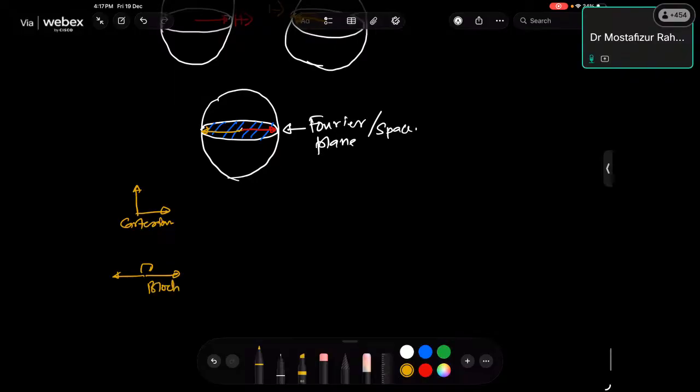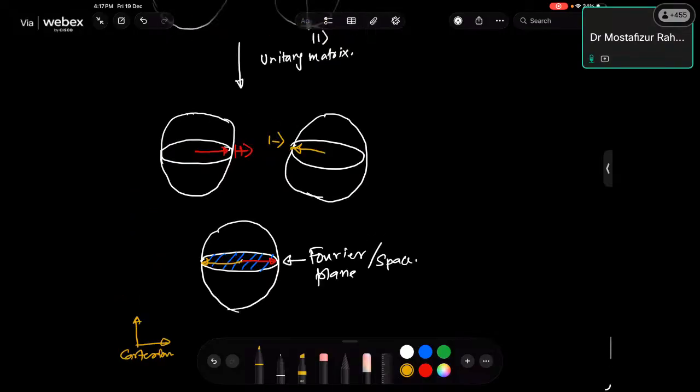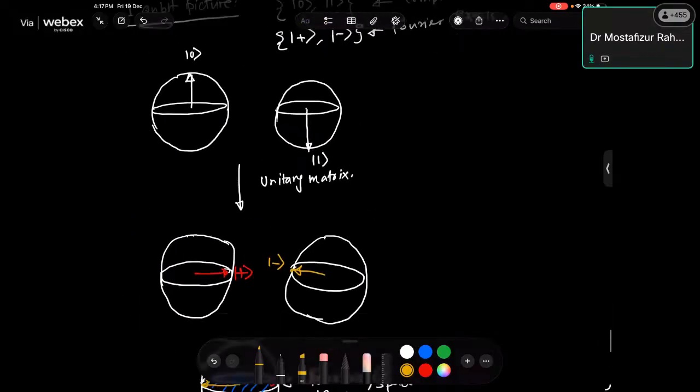So this is just geometry. Just for example, here in this particular case, ket0 and ket1, you can see they are opposite polarity. Though they are at the opposite poles, they are orthonormal vectors. That means the dot product between 0 and 1 equals 0, right?